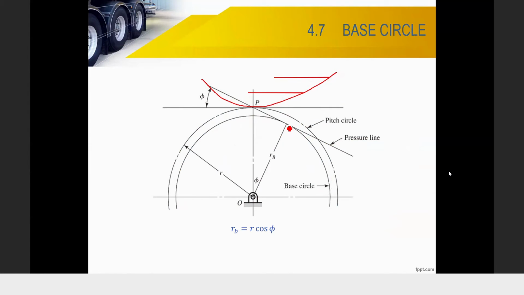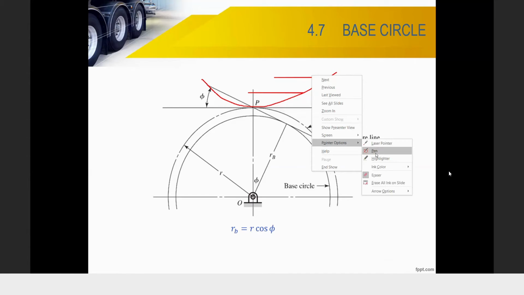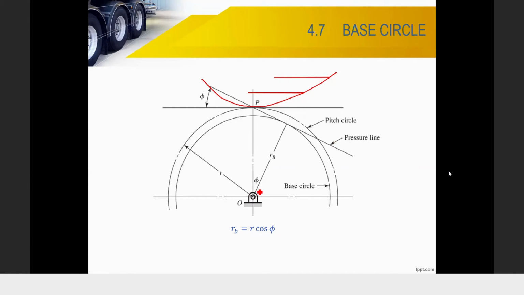Its relation to the pitch circle is this: if you draw a perpendicular from the base circle, this angle is phi, the pressure angle. Phi can be 20 or 25, depending on your gear. This is RB, and if you draw a perpendicular from it to your pitch circle, this is your pressure angle. So that is the relation. That is the base circle.